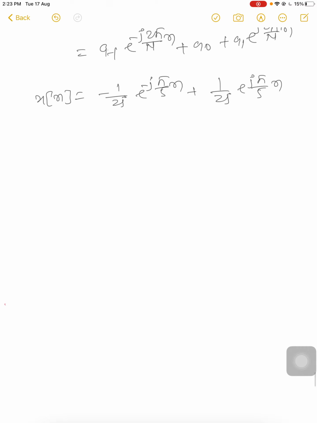Then x[n] is equal to minus 1 by 2j e to the power minus j pi by 5 n plus 1 by 2j e to the power j pi by 5 n. Also given x[n] is equal to sine pi n by 5.